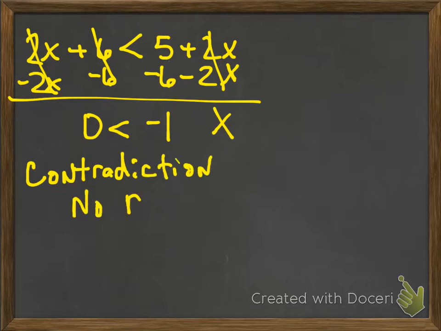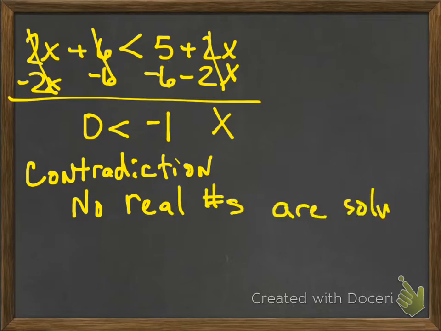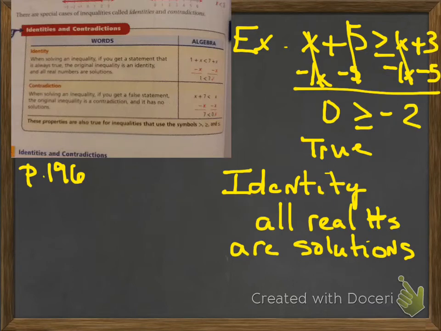No real number is a solution. So basically, it's like a messed up problem, I guess you could say. So anytime I ask you what the answers are and you get a contradiction, you're basically saying no real number, so no answer. Whereas on the other one, identity, all real numbers are your answers.